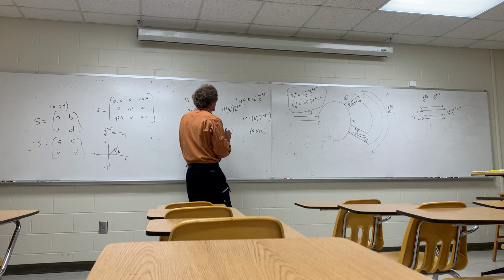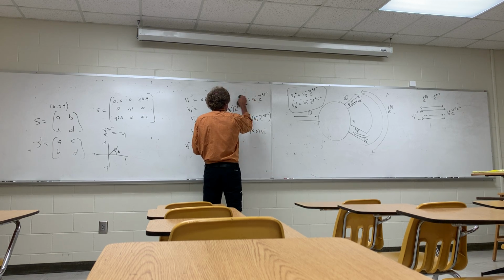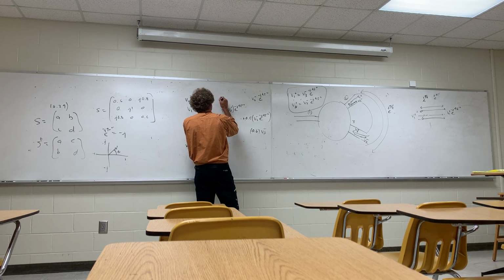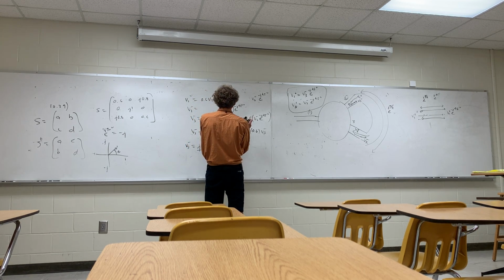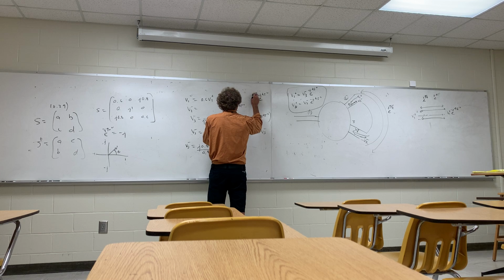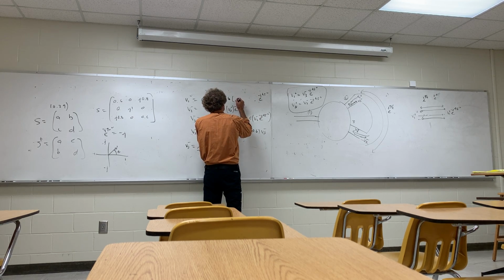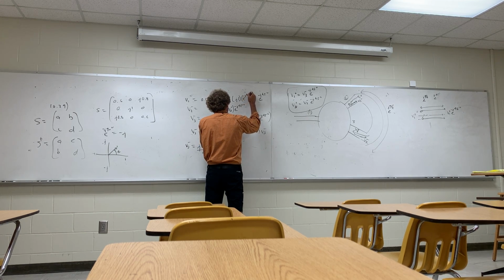So I'm going to put the j0.8 out here. And then for V2 minus, I'm going to put j1 times e to the minus j45 degrees here times V3 minus.